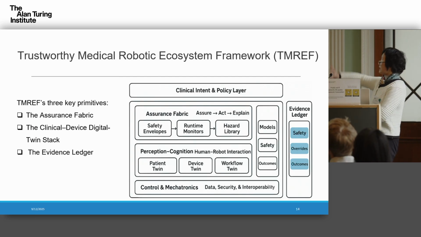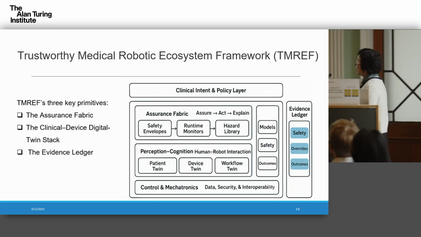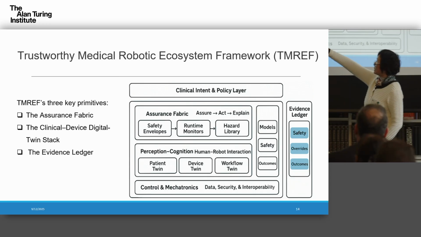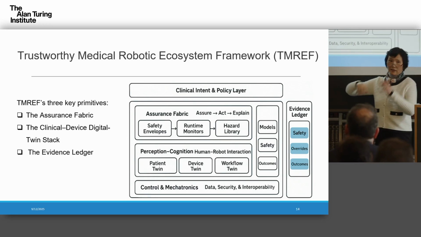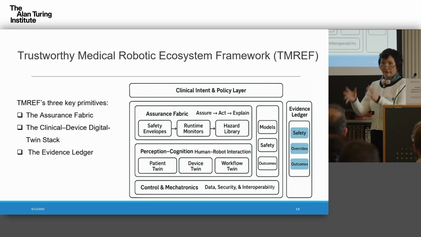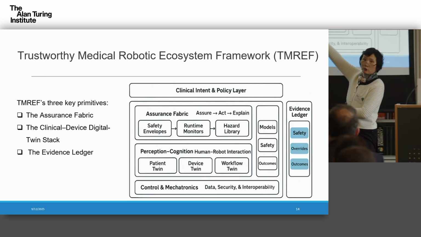Here I provide a comprehensive framework. We can see three key components. The first is the assurance fabric, which means all the stakeholder intentions and regulators can be embedded within the whole system.